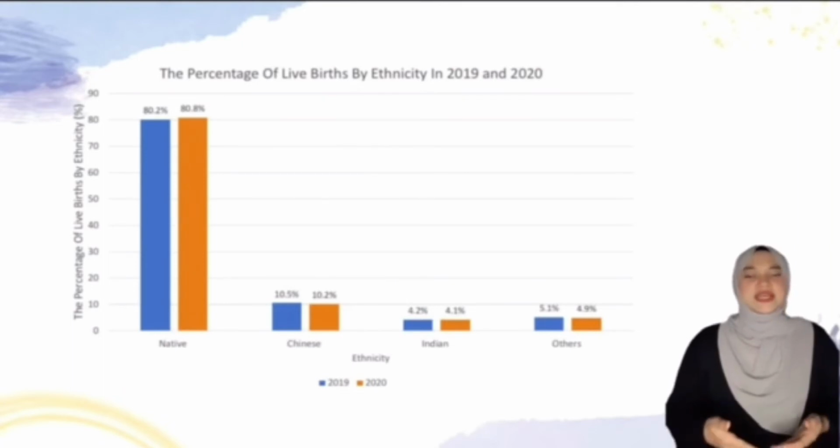Meanwhile, Indian ethnicity recorded the lowest percentage of ethnicity for both years. The percentage of Indian ethnicity is relatively low by 0.8% compared to others ethnicity in 2020.